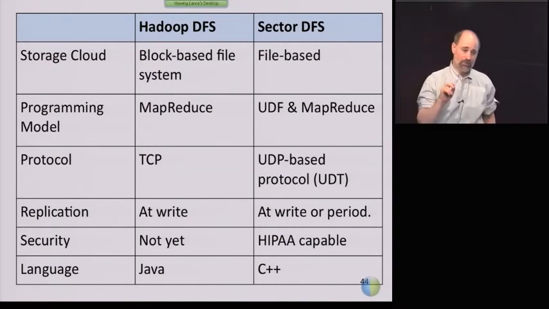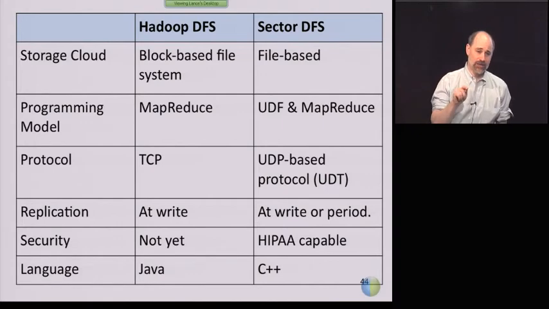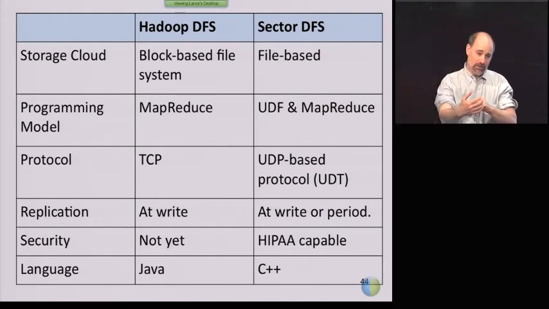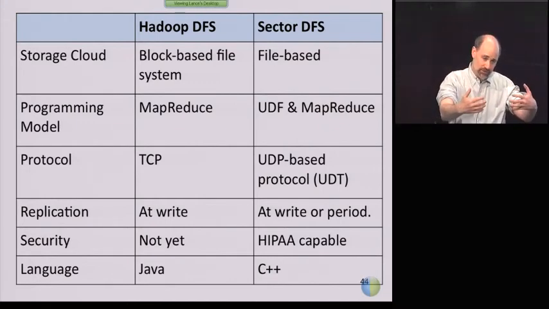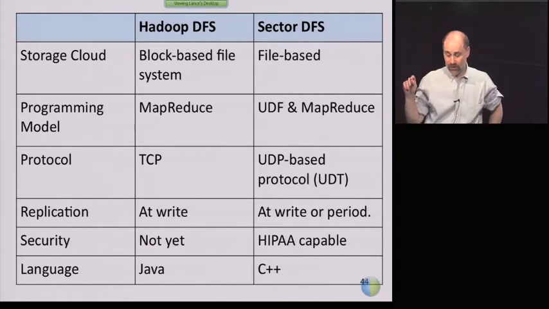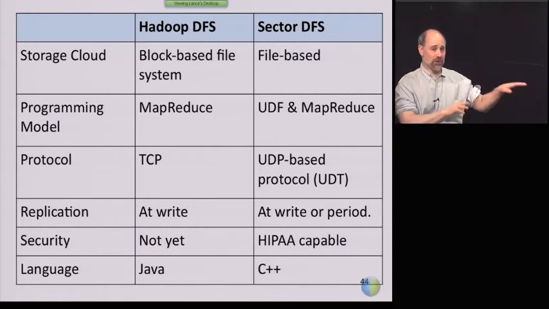Hadoop writes replicas any time it writes, which is fine for many applications, but for scientific computing, it's slower to write 3 replicas than it is to write 1. You can configure Sector so it behaves like Hadoop and writes 3 replicas.